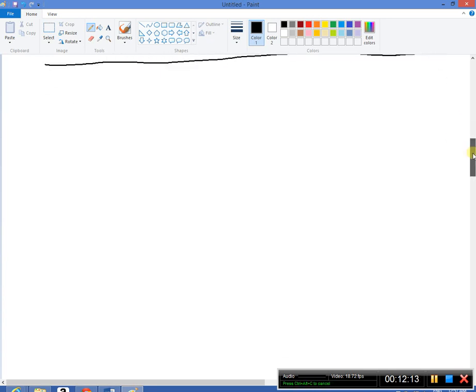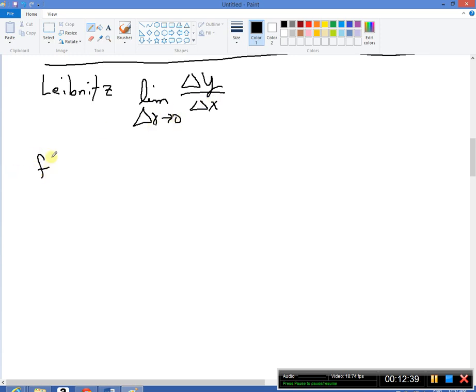One that comes up very often is called the Leibniz notation. It comes from the idea that the derivative is really based on delta y over delta x, except this is just the average rate of change, as you know. But we could take this to the limit as delta x goes to 0. That's what happens with all of these derivatives, where you have f prime of a or whatever.